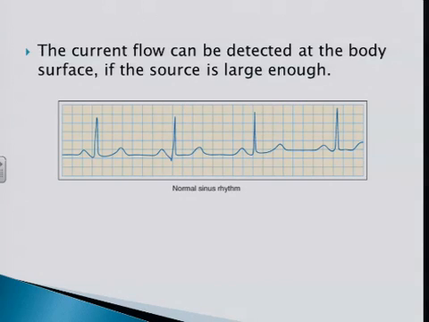So you're a pretty good conductor by and large. You've got some high resistance spots where you have keratinous membranes or keratinous epithelia and such, like your skin, but you can actually detect that current flow from the heart at the body surface that's going through this spatial organization. So long as it's a big enough source, you can record it at the surface.